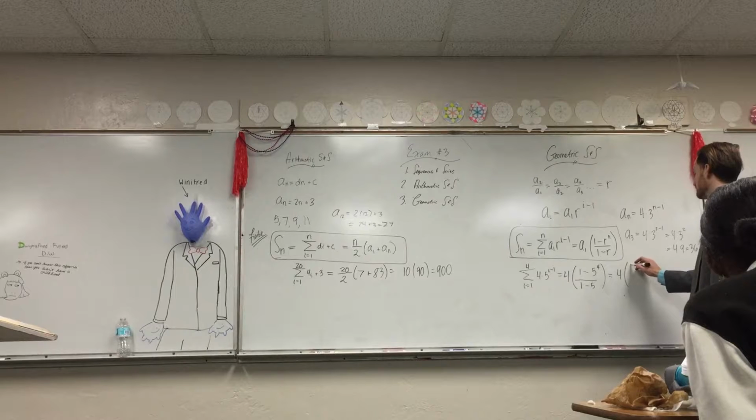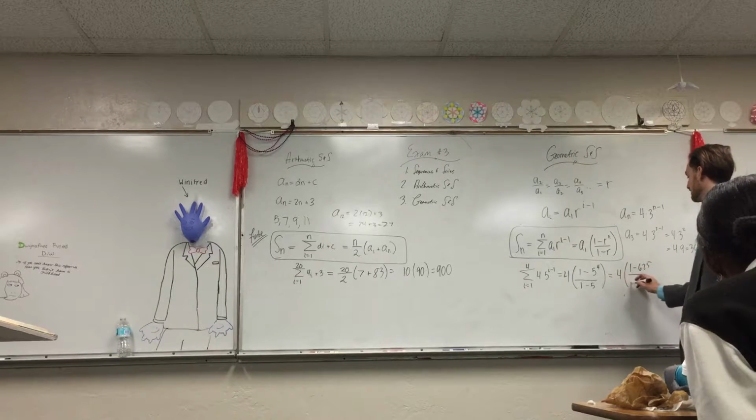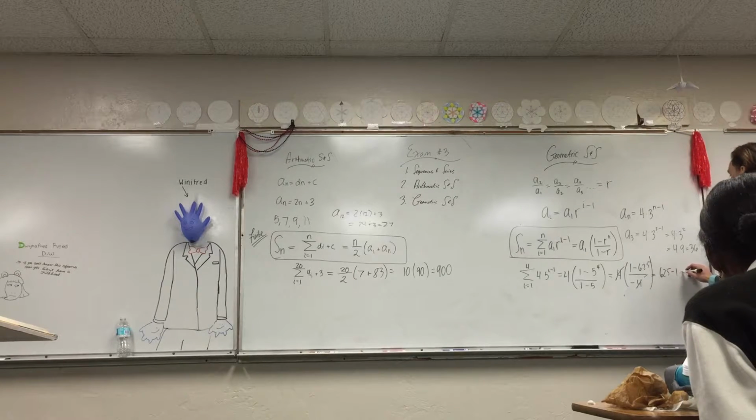So it's 4 times (1 minus 625) over negative 4. Well, that 4 cancels out and it becomes 625 minus 1, which is 624.